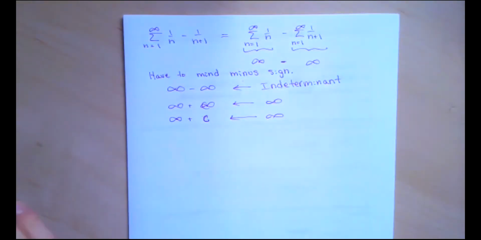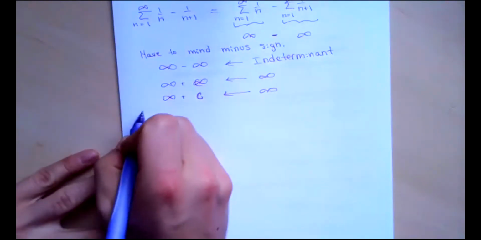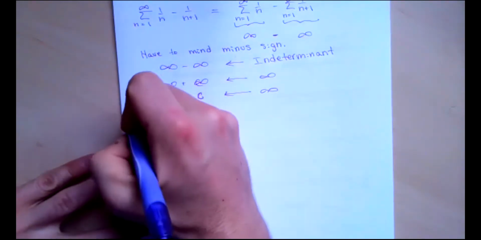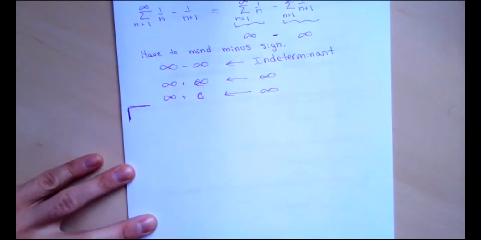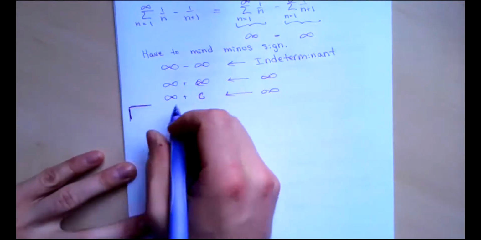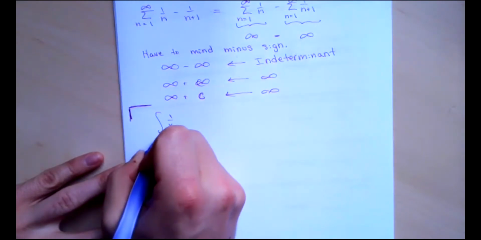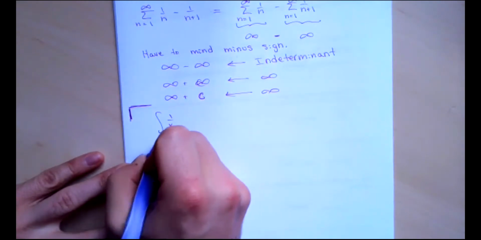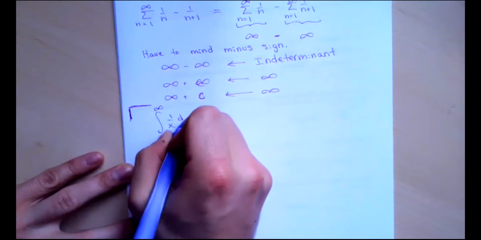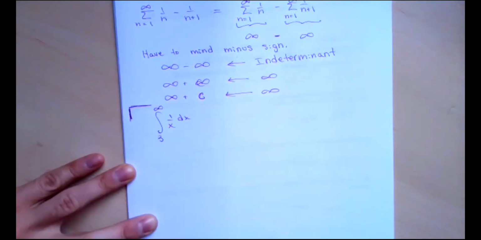So I want to compare that with some of the things we did on these comparison tests for integrals. We saw things like the integral of 1 over x, let's say from 3 to infinity. We're starting in a different place, and we want to compare it with a p-series.